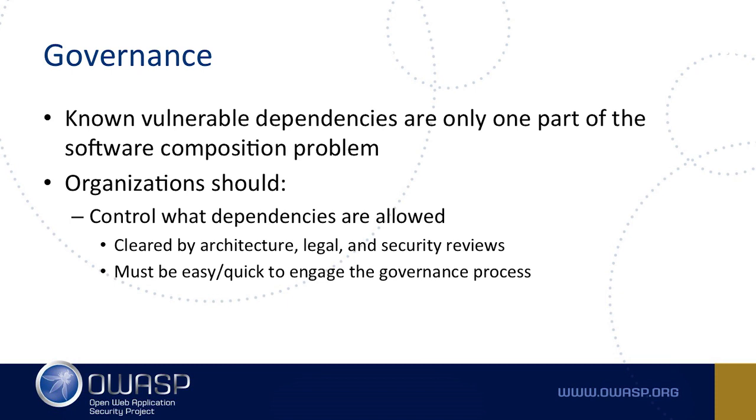And there could be vulnerabilities in it. It could also be an architectural decision that, from an organizational standpoint, you don't want to use Backbone. Maybe you want everybody to be using Angular from a JavaScript standpoint. And so that's why architecture needs to be involved in this. The security is obvious, hopefully, to everybody here, and also the legal with the licensing issues.